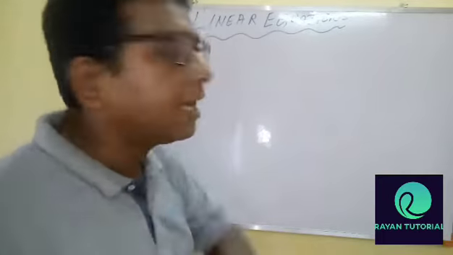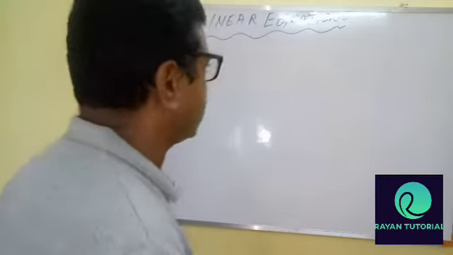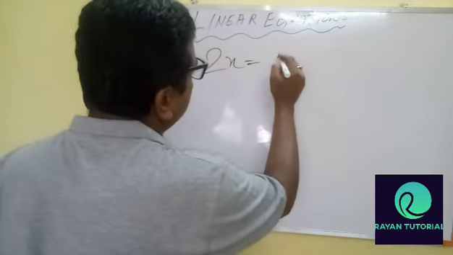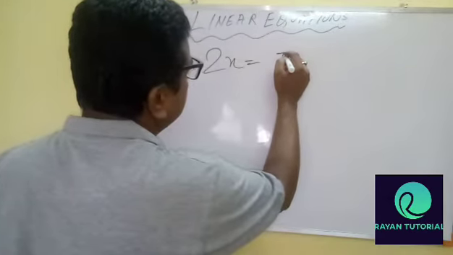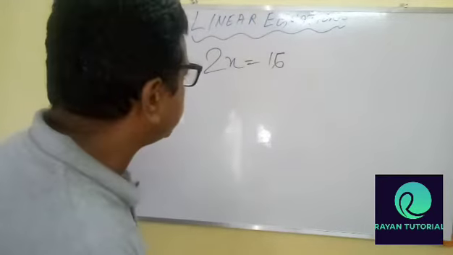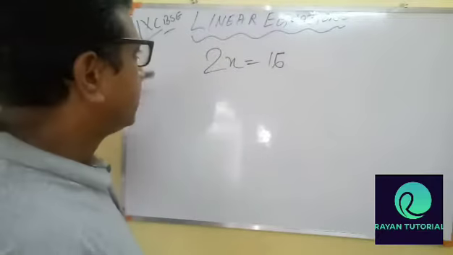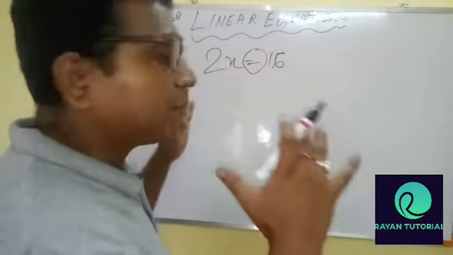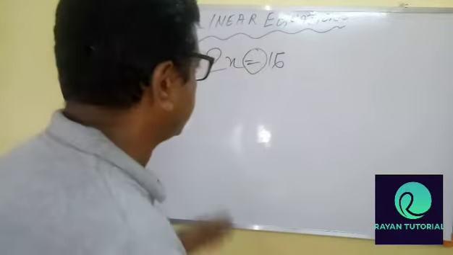Now the thing is linear equation. What is a linear equation? Very simple thing. 2x equals 16. It's a linear equation. It's one line, that's why it's linear. And this is the equals to sign. That means equation. What is equation?